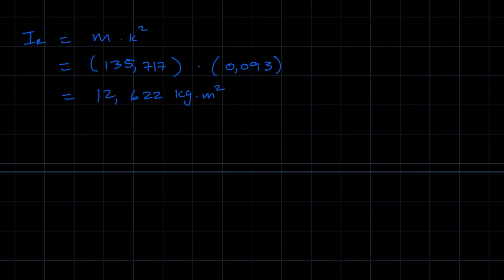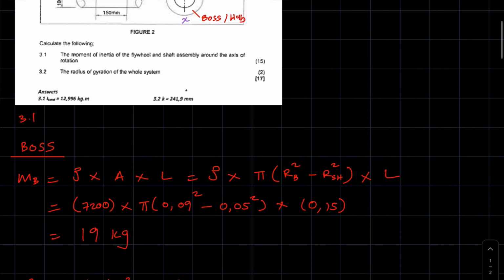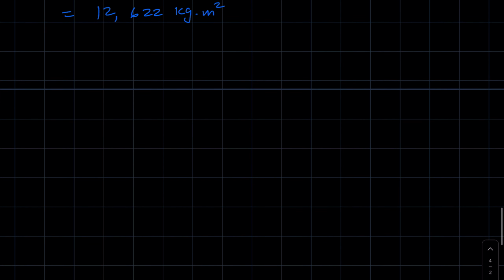Now the question was to calculate the moment of inertia of the wheel and the shaft assembly around the axis of rotation. So we're looking for the total, I_T.